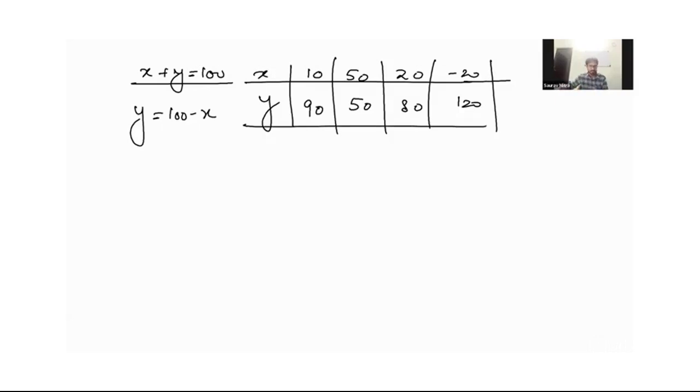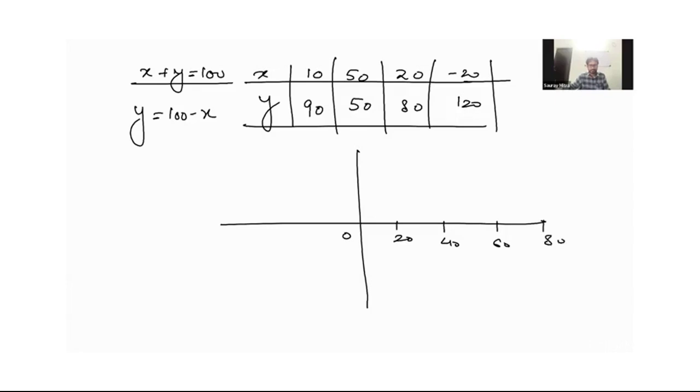Now we will plot this. Since these values are in multiples of 10 and 20, we will take the values on the graph similar to these numbers, not 1, 2, 3 like that, otherwise there will be a huge reading. So we have to take a number which will be easily plotted, in terms of multiples of 10. 20 will work. So if I take a gap of 20, we have 0, 20, 40, 60, 80 on the x-axis, and from the left side till minus 20.